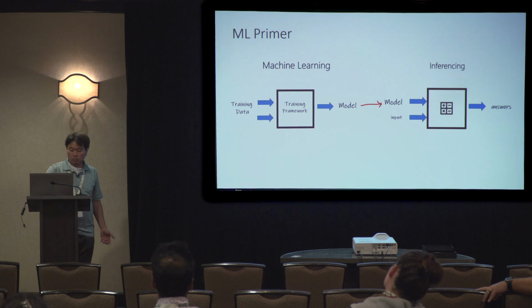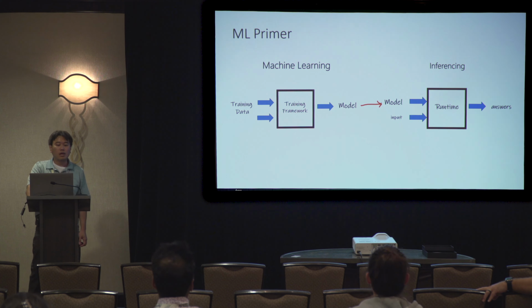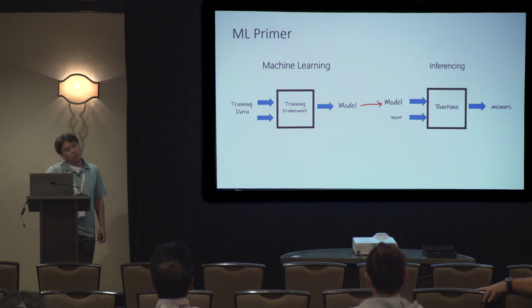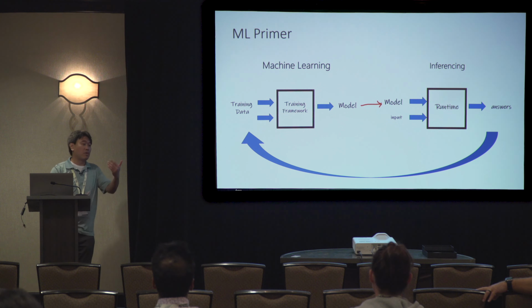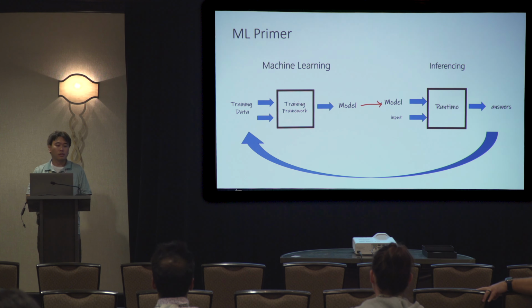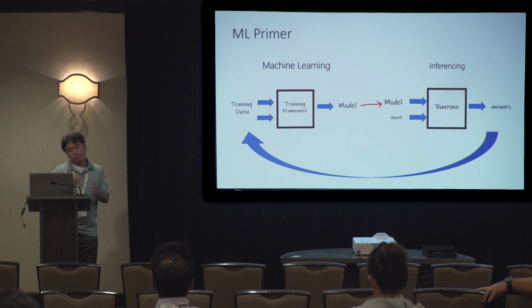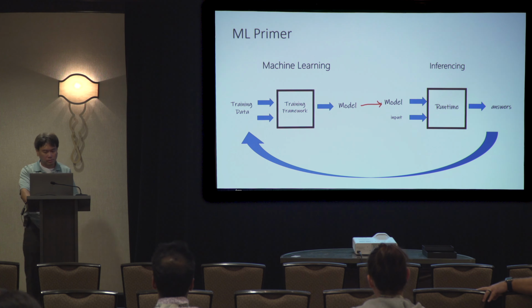In the machine learning world, that's what we call inferencing. You need an inferencing runtime, and then it'll give you the answers. And then, of course, it's a feedback loop, right? As you improve your system, you need more training data based on the usage of your app or from other things, and then build a better model.